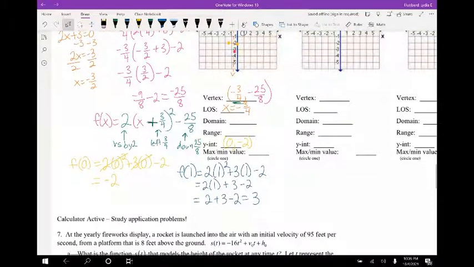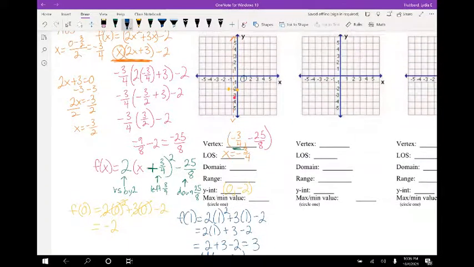So this gave me, in case I needed it, an additional point of (1, 3), because 1 is what I plugged in, 3 is what I got out. And I'm going to plot that. So (1, 3). And then I am going to reflect it, which will be right here, at (-2.5, 3).